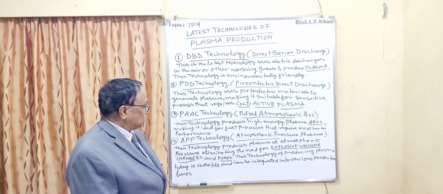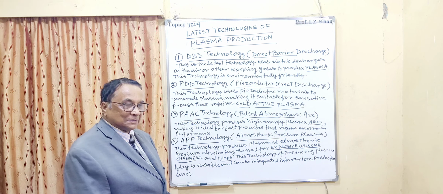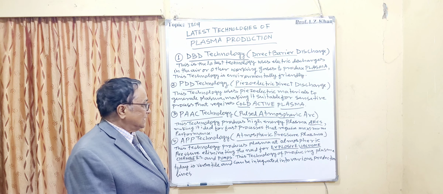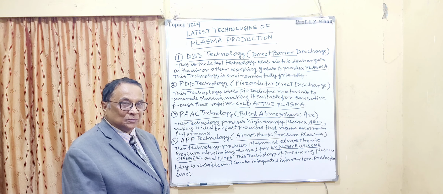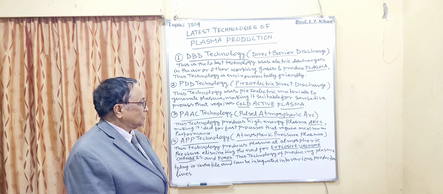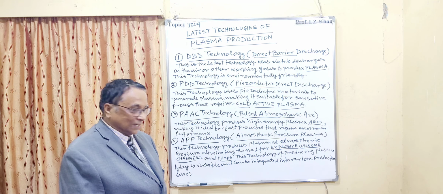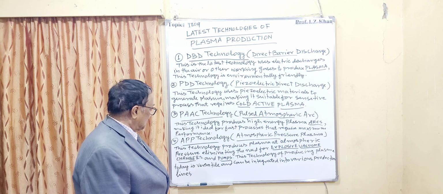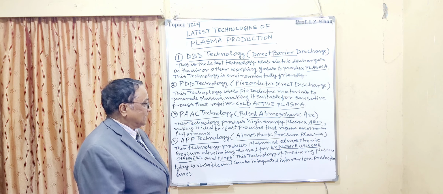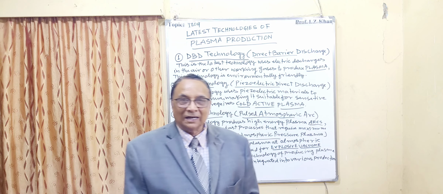This technology produces plasma at atmospheric pressure, eliminating the need for expensive vacuum chambers and pumps. And this technology of producing plasma is versatile and can be integrated in various production lines.